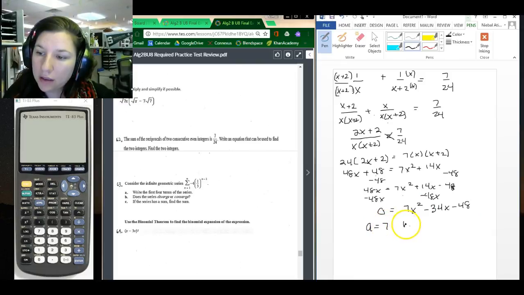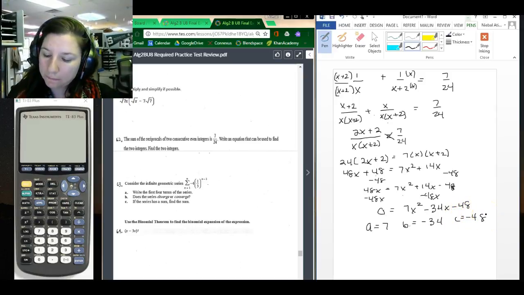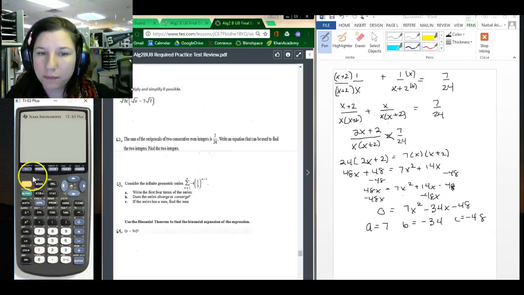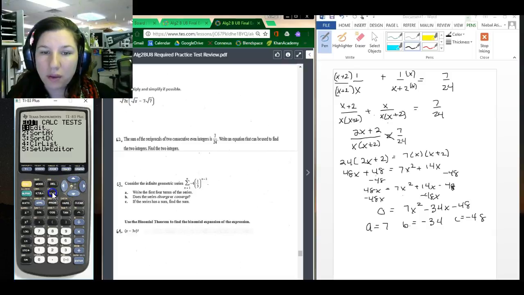And then here I want to solve that quadratic. So I have a is 7, b is negative 34, c is negative 48. And you also could factor it, but this one's kind of tricky to factor because you get a fraction. So if you've got the quadratic formula programmed in your calculator, you can hit program quadratic.